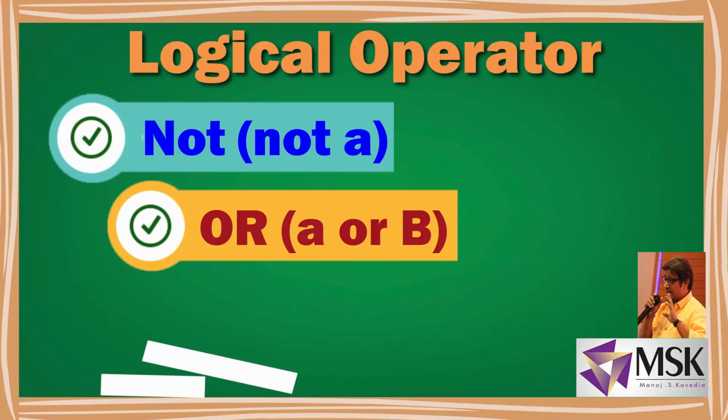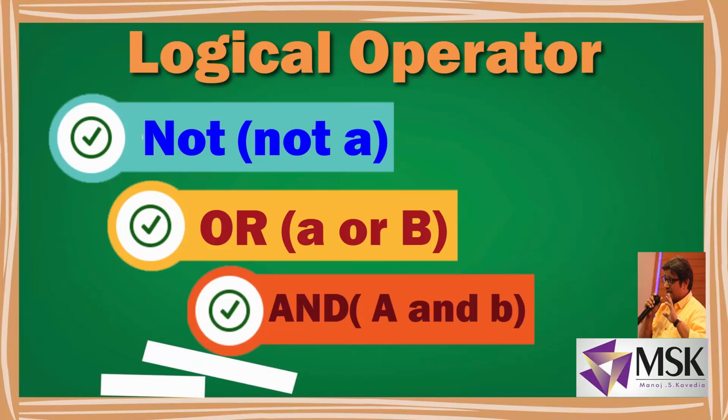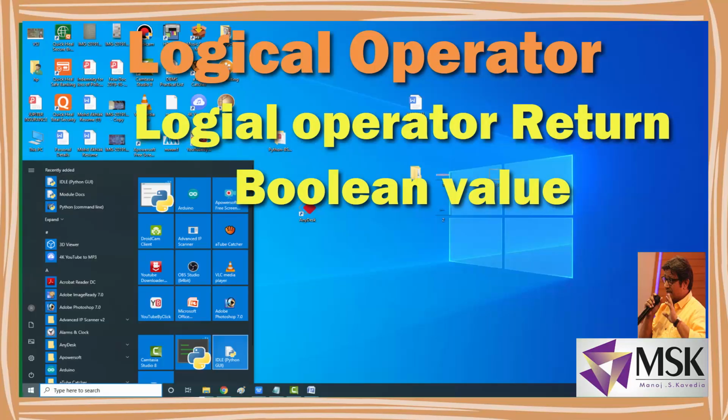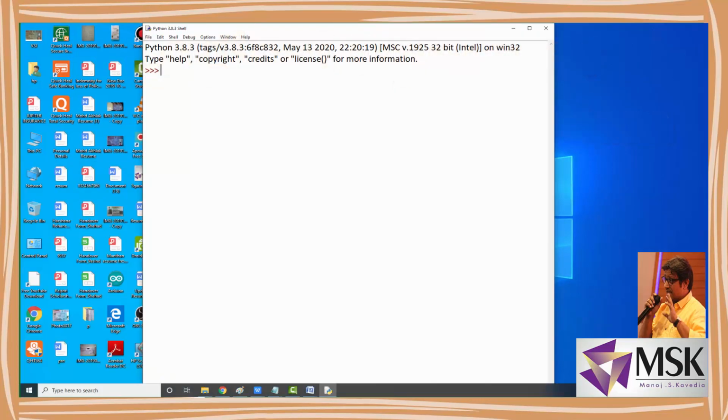Or says either of the two conditions, one should be true or both should be true, and says both the conditions should be true, then only it will return true. So here, like comparison operators, even logical operators will also return boolean value. So I hope this much is clear.